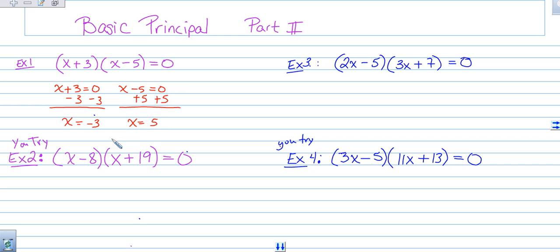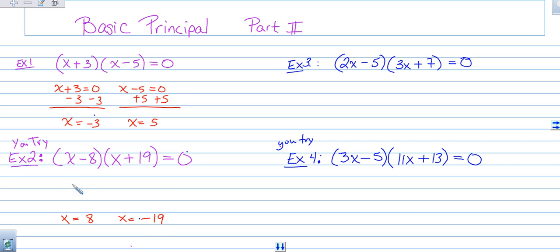Okay? So now, I would like you to pause the video, try to answer example 2 on your own. Assuming that you've paused the video, you're now restarting it, and you should see that your answers will be x equals positive 8 and x equals negative 19.